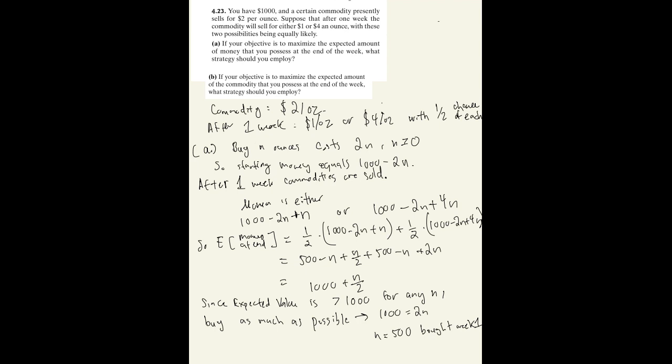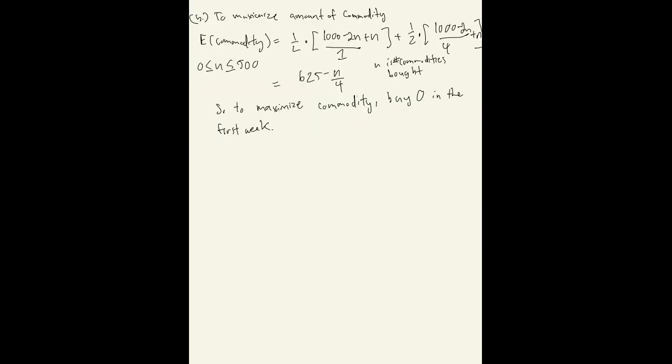I don't see your B. Is your B written? Oh, I have to press the page. Okay, so for part B, we maximize the amount of commodity. The n is the number of commodity we buy in the first week. And the second week is the part with the fraction, which is 1000 minus 2n over the price of the commodity.